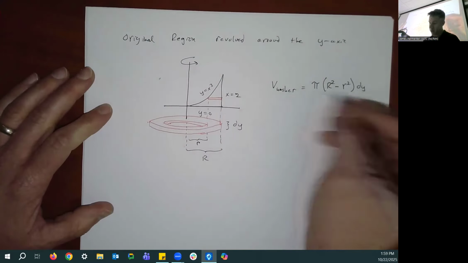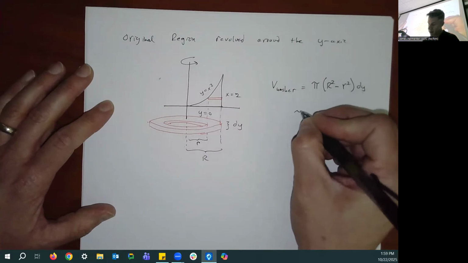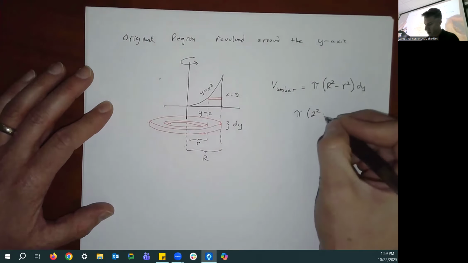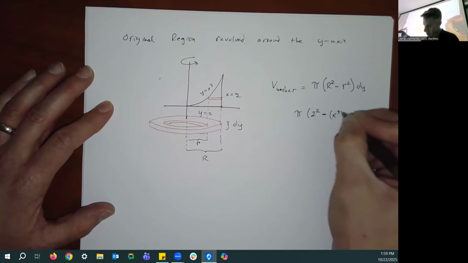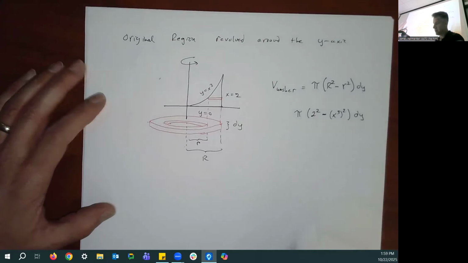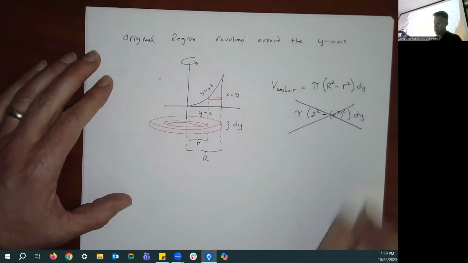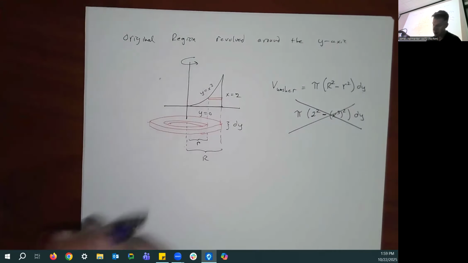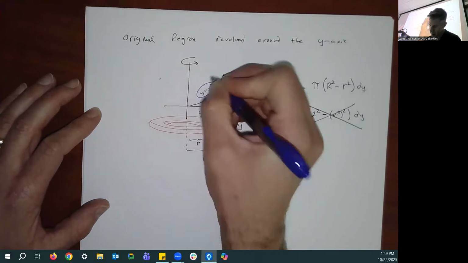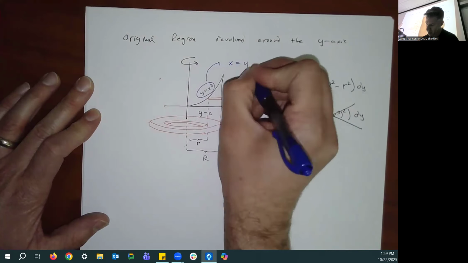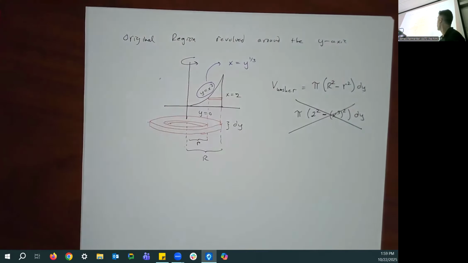So it would be incorrect to say that our outer radius was 2. Well, that's correct. And our inner radius was x cubed, because that's going to be a problem to integrate. So instead, we have to take y equal to x cubed and solve for x and rewrite it as x equal to the cube root of y, or y to the 1/3.